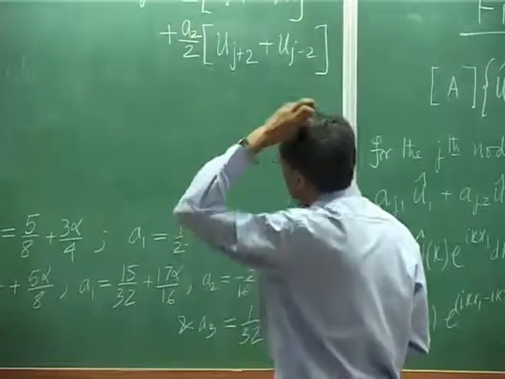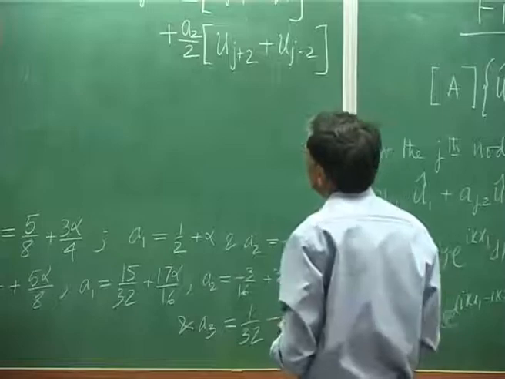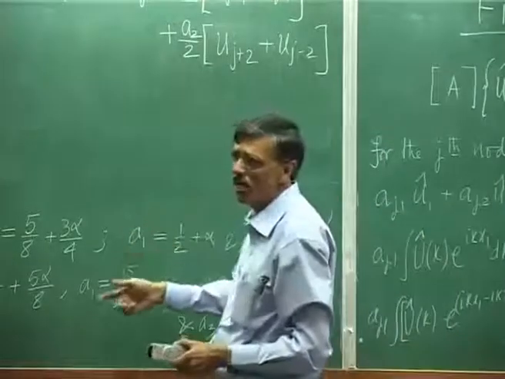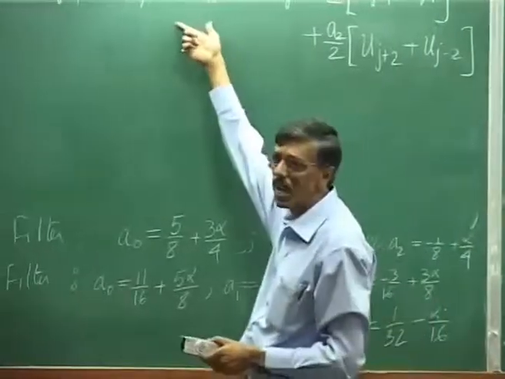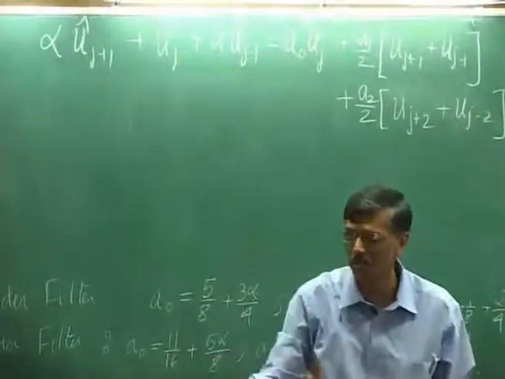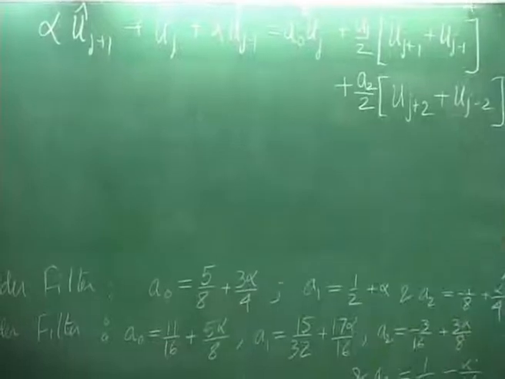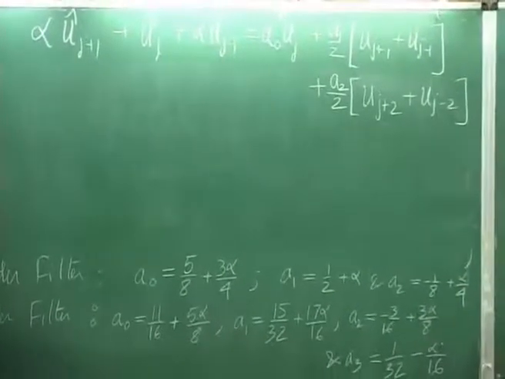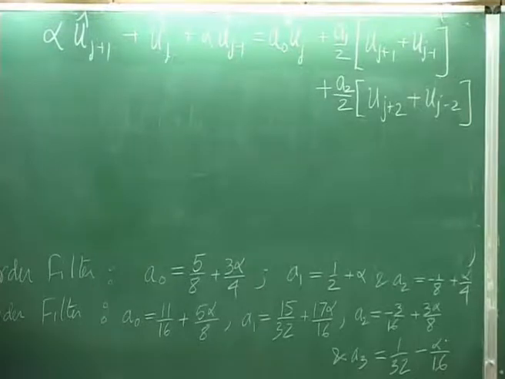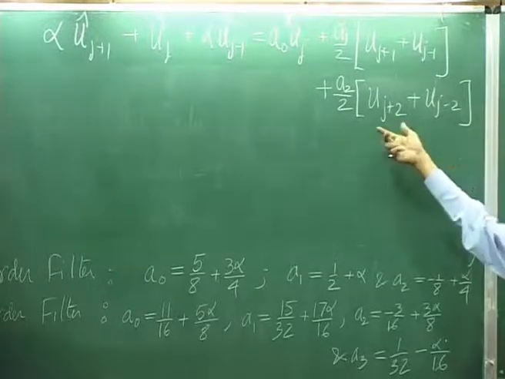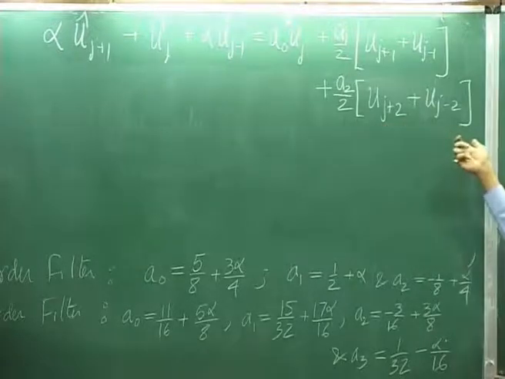Now, you can see that in this equation, whether you are doing a second order, fourth or sixth, any order filter, the left hand side always remains the tridiagonal thing, because we do not want to increase our computational overhead. The left hand side remains the same. It is only the right hand side points used in filtering that keep increasing with the increasing order of the filter. So, in the fourth order filter, we need to take j plus 2 and j minus 2.